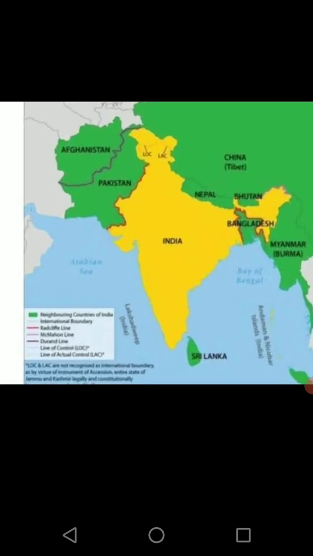Whereas on the western side, we have Pakistan as our neighboring country and even Afghanistan, because we share a very small land boundary with it. We also have Sri Lanka as our neighboring country, and even Maldives, an island group, as our southern neighboring countries.